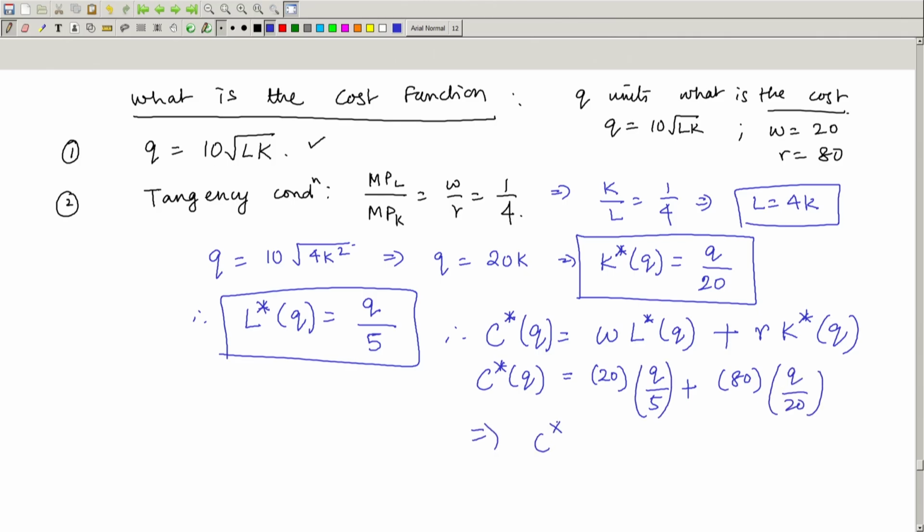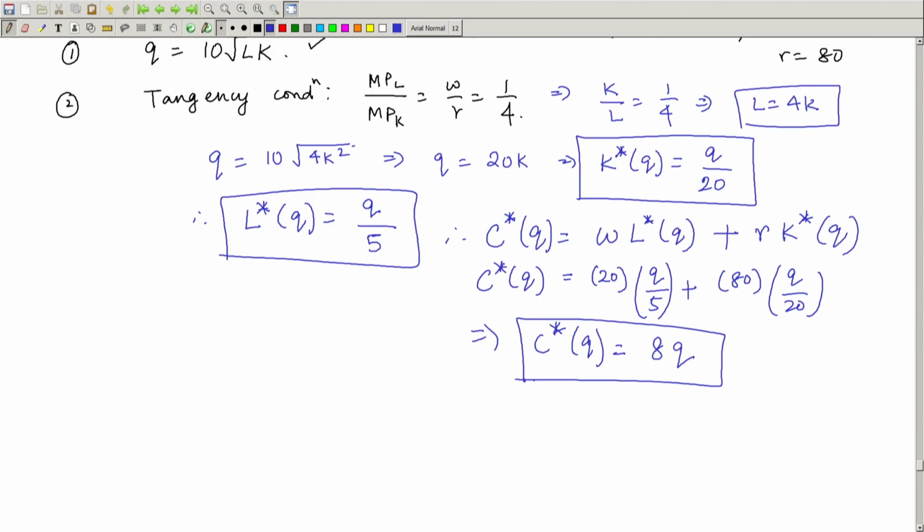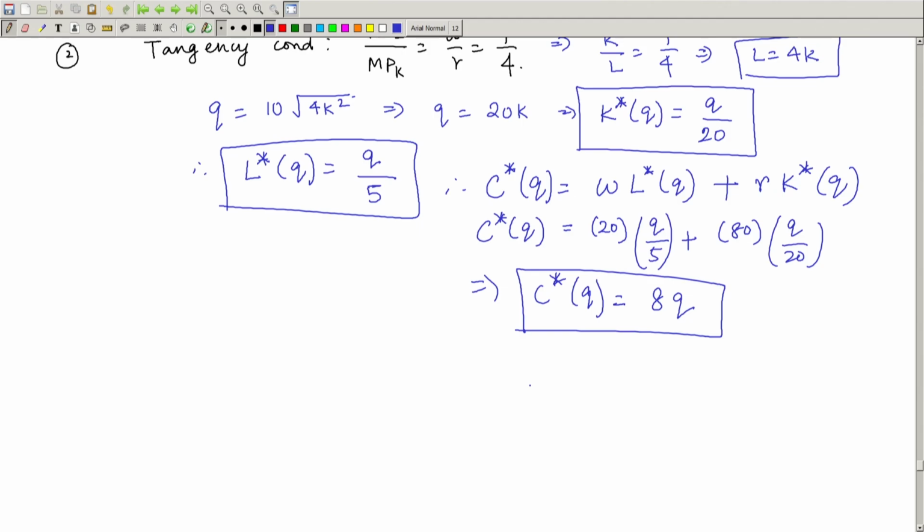This implies that C star of Q is 4Q plus 4Q, which is 8Q. In fact, if you plug in Q equal to 140, 8 times 140 gives you 1120, which is exactly the rupee value of cost that you got in your previous example.